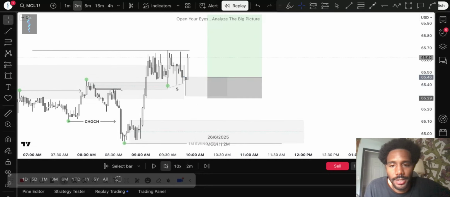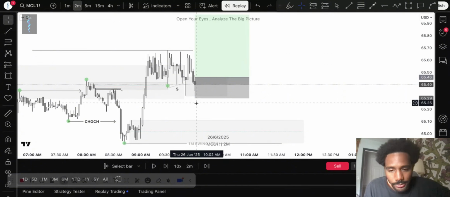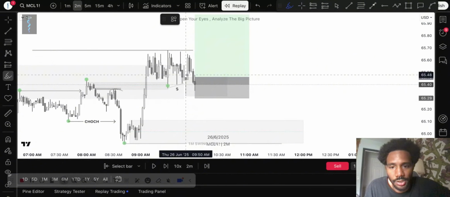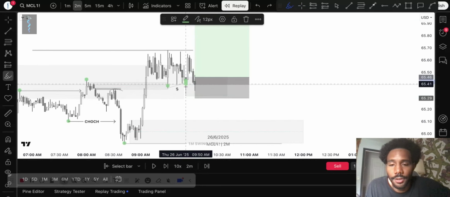So let's play price forward candle by candle, and we eventually tag into this area. Another reason why I would choose this bullish hammer is because it left behind this wick here.